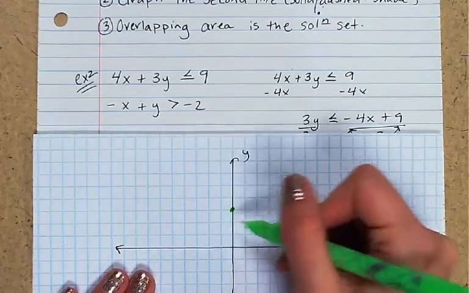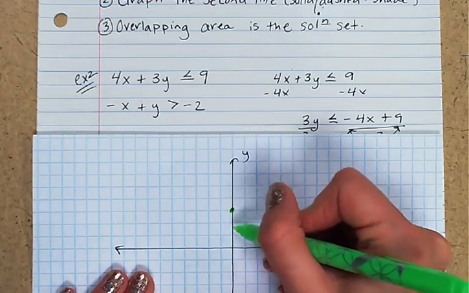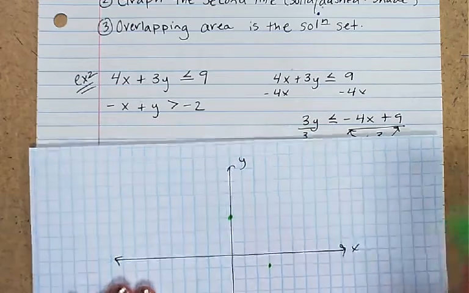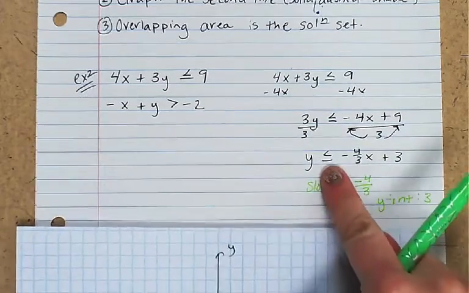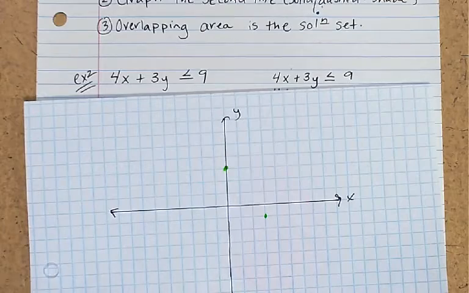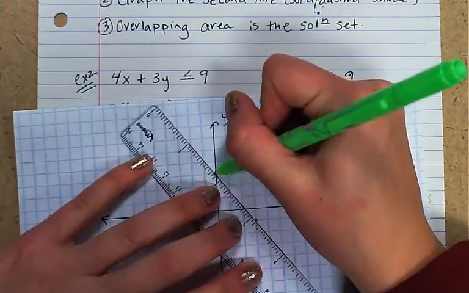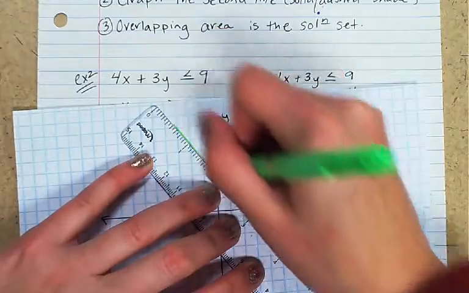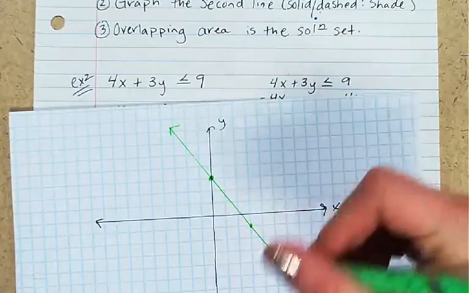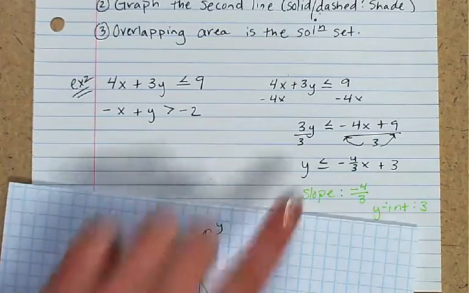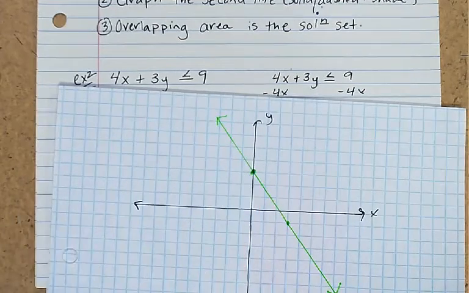From that point, we said our slope was -4/3. So I'm going to go down 1, 2, 3, 4 to the right 1, 2, 3. This line has an equal to bar, so it is solid. And it is less than or equal to, so we are going to shade below the line.